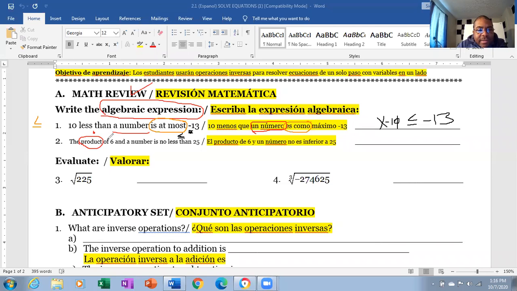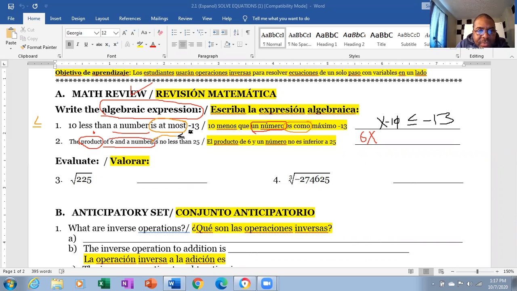So the product of 6 and a number, so that's going to be 6 times X. And the great thing is when it's using a variable and a number, we don't even have to have the dot sign. We can simply do 6x, which is 6 times x. So the product of 6 and a number, we already did that, is no less than.